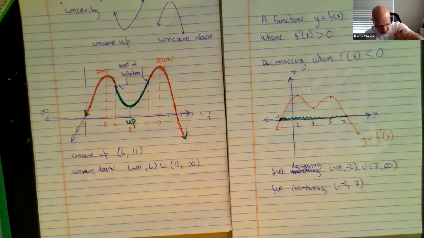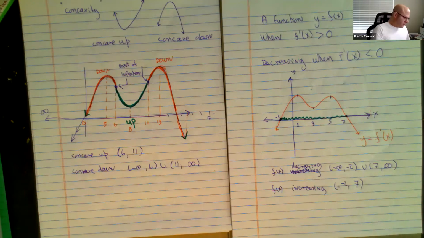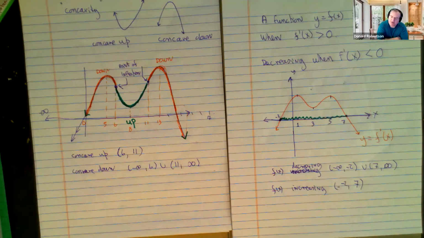So you said that when the derivative is positive, it's increasing. Yeah. Okay. Now, concavity. Ooh, that's a little bit harder. But you can actually find when a curve is concave up and when a curve is concave down.